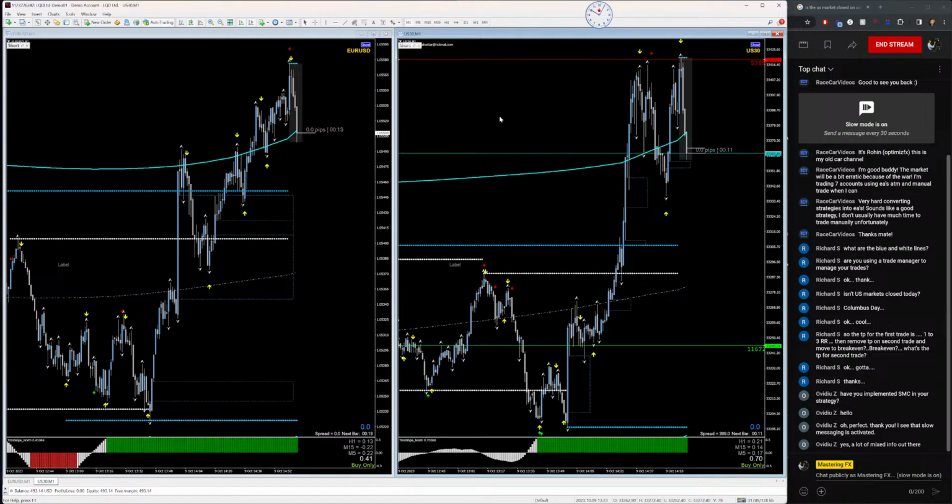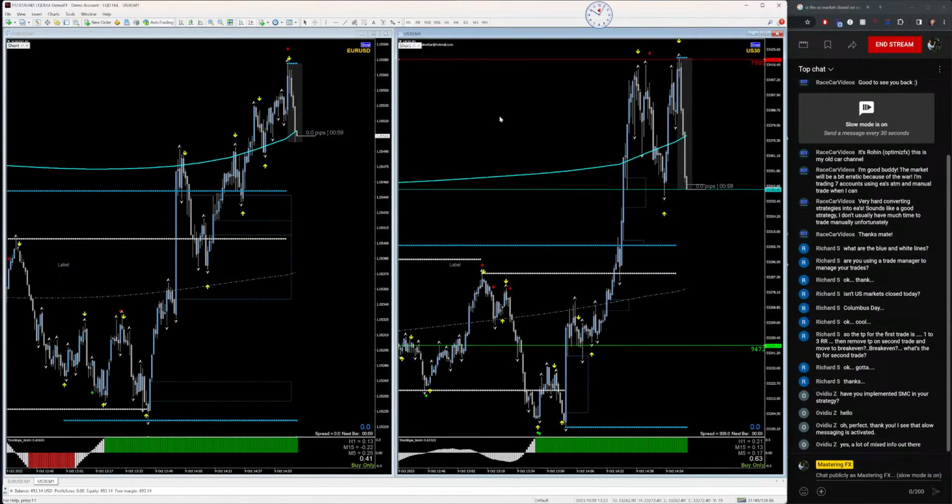So I did incorporate that. And we're looking at internal lows and external lows. I prefer session lows to be taken out, but if like here on EUR/USD, let me show you.